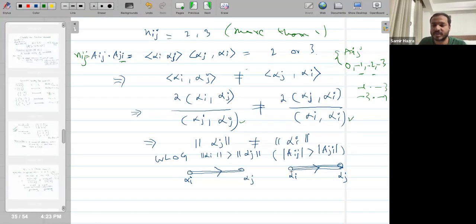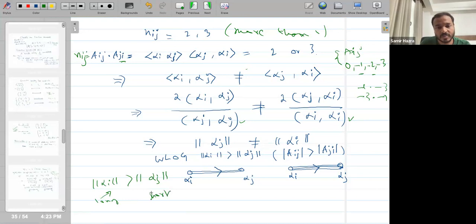So in the matrix, we can easily see which one is bigger: the modulus of Aij or the modulus of Aji. If the modulus of Aij is bigger, then the norm of alpha i is bigger than the norm of alpha j. In some sense we can say that this root is longer than this one, so call it long and call it short.